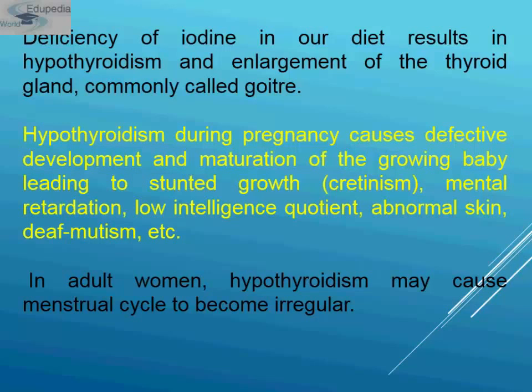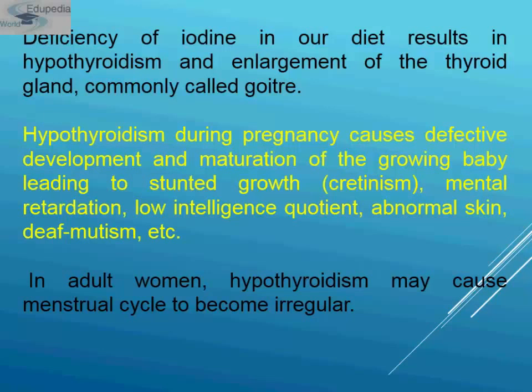So when hypothyroidism takes place during pregnancy, then it can cause defective development and maturation of the growing baby, leading to stunted growth, and that stunted growth is known as cretinism, okay, or dwarfism. It could also lead to mental retardation.